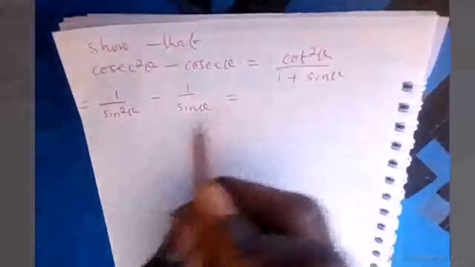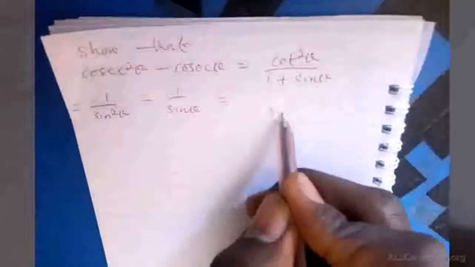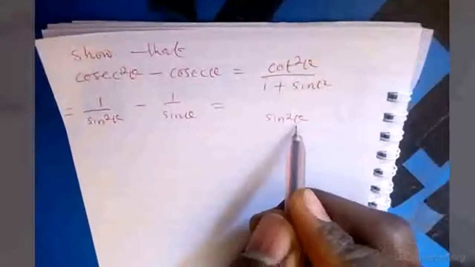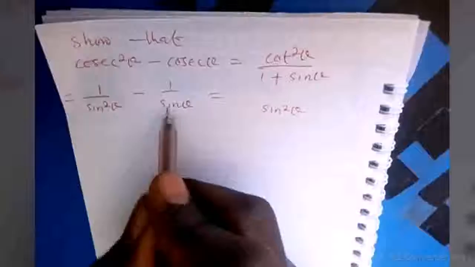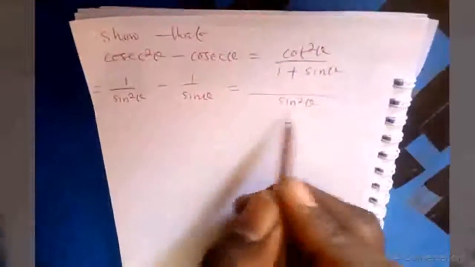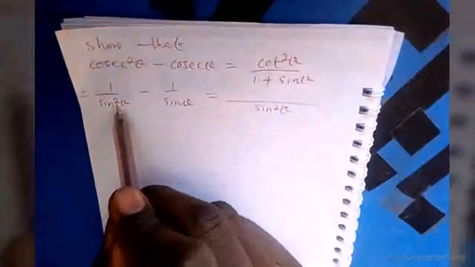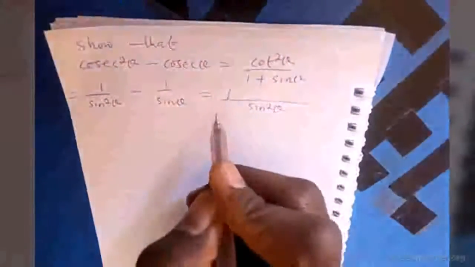Therefore if we take an LCM, our LCM will be sin square theta. Why? Because sin square theta can enter sin square theta 1 time, and sin theta can also enter sin square theta sin theta times. Therefore we have sin square theta as our LCM. Sin square theta into sin square theta is 1, then 1 times 1 equals 1.